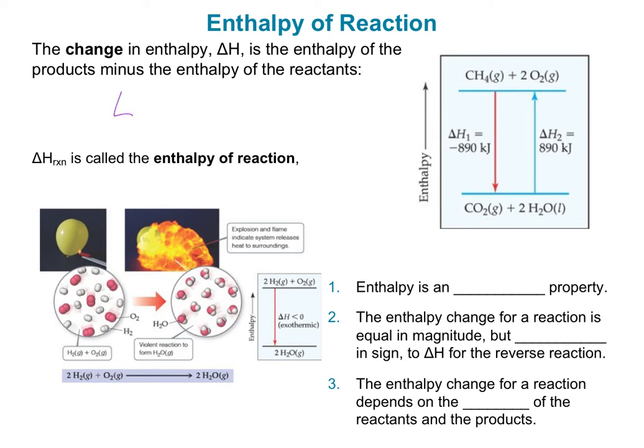So the enthalpy change of our reaction is equal to the enthalpy of our products minus the enthalpy of my reactants, which is what I'm starting with. And so that delta H reaction here is for the enthalpy of a reaction.